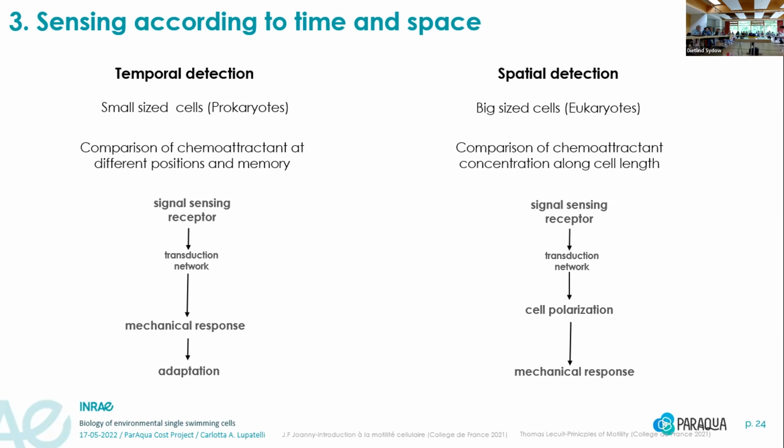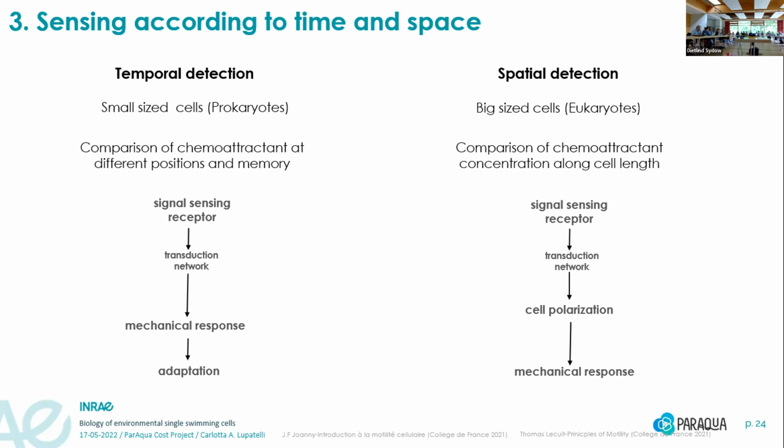So probably the organism will change direction, but there is also an adaptation mechanism. Thanks to this mechanism, the bacterium, the small size cell, will be able in the future not only to respond to the same stimuli, but to respond to gradients of the same stimuli, which is something very important. The other mechanism is spatial detection.